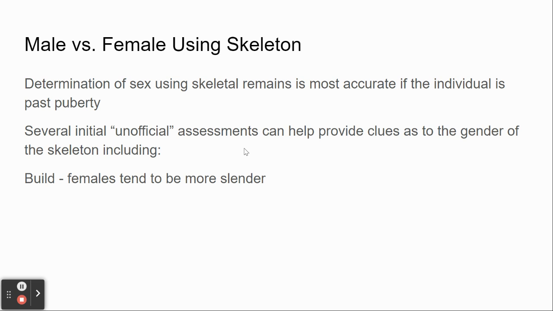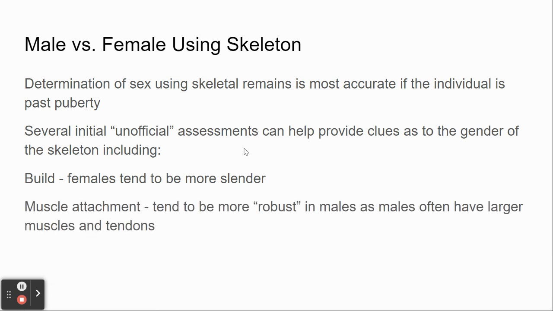They're not as heavily built as most males. That's not always the case, and sometimes you'll have some males that are more slender than a number of their counterparts. So, like I said, these are not official. They are not carved in stone. They do show some variation, but in general, these are some things that can be said.